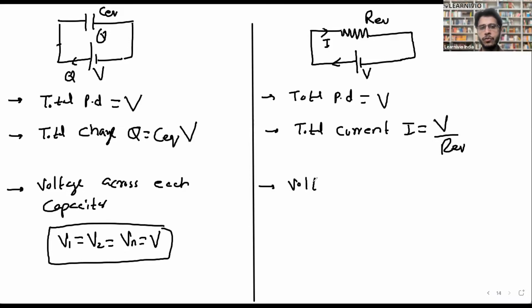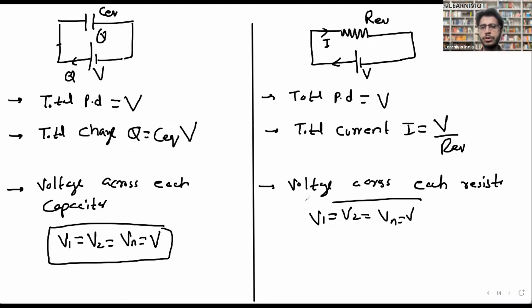Similarly here, if I need voltage across each resistor, it's the same, equal to the voltage of the cell. V1, V2, Vn is equal to the voltage of the cell.